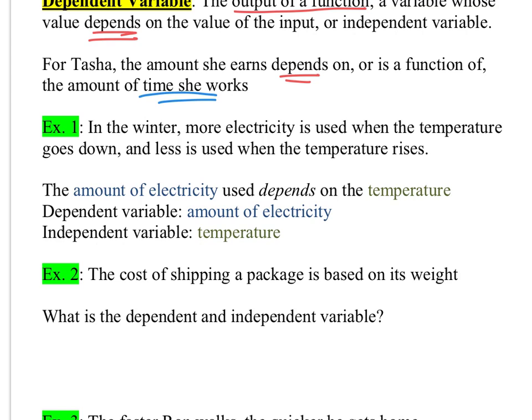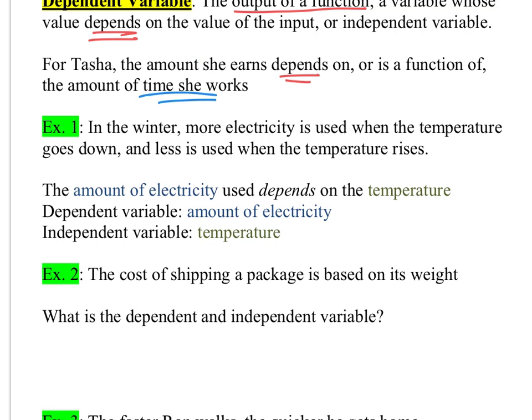So because the amount of money she earns depends on the amount of time she works, that means the amount of money that she earns is the dependent variable, and I just wrote that in the wrong color.